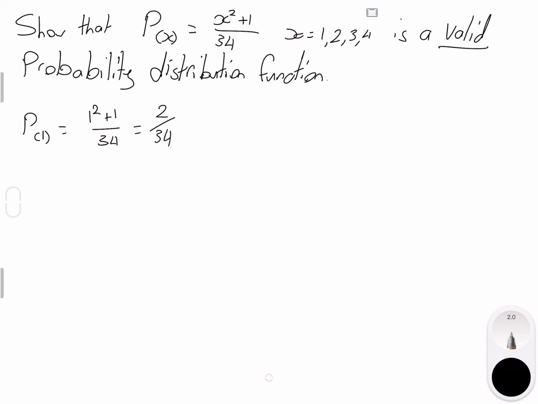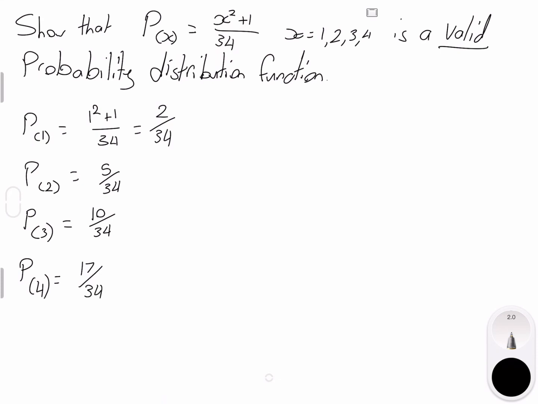I'm just going to leave it as over 34 for the moment, even though it can be simplified. P of 2, which is going to be 5 over 34. P of 3, which is equal to 10 over 34, and finally P of 4, which is equal to 17 over 34.